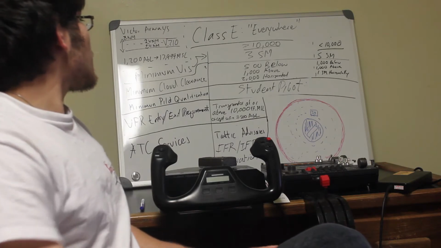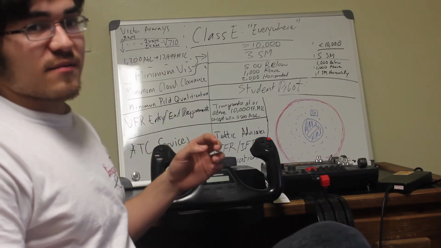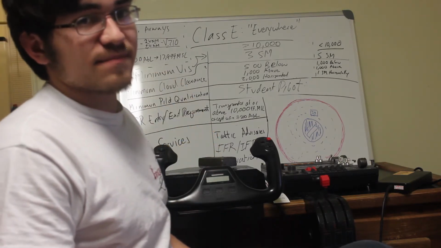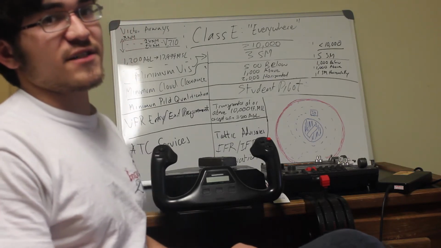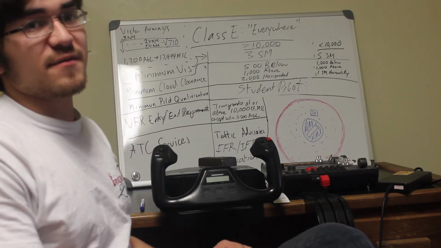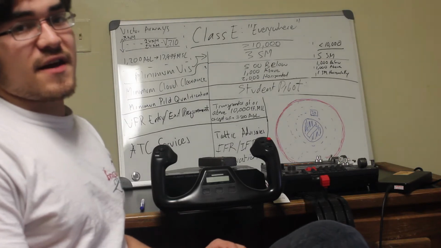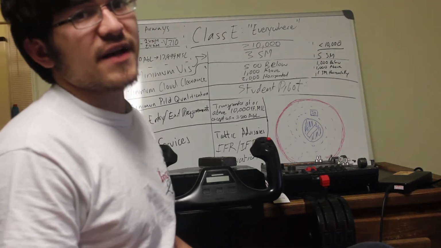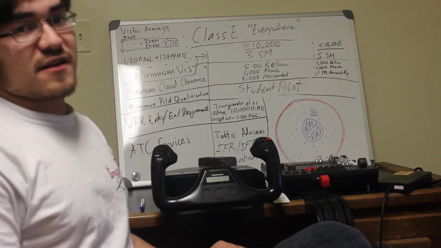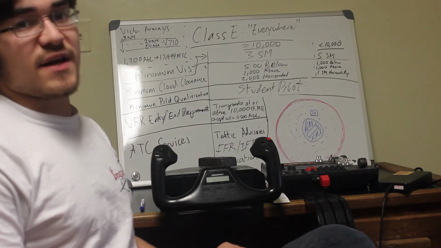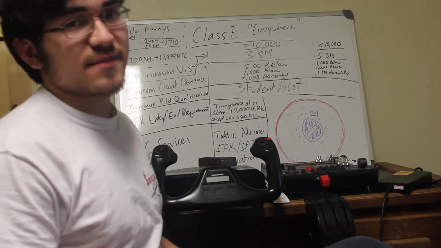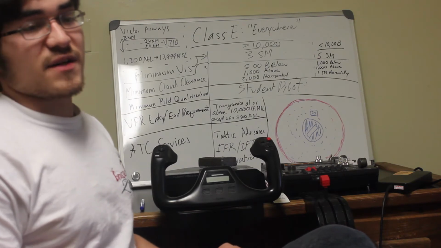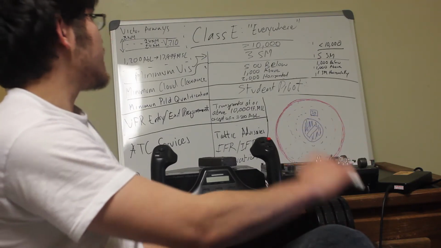Okay, another place where there is Class E is Victor Airways. To fly on a Victor airway, you should be operating on the center line of the airway, and airways extend from 1,200 feet AGL to 17,999. The reason it ends there is because Class A airspace starts at flight level 180, but I'll get into that later.